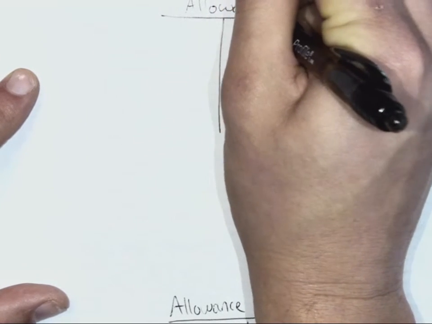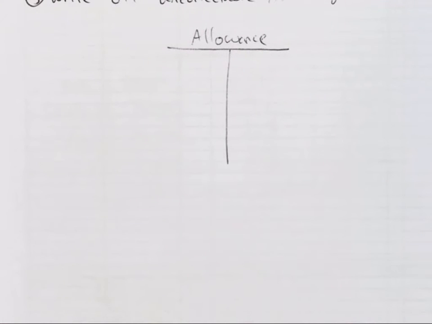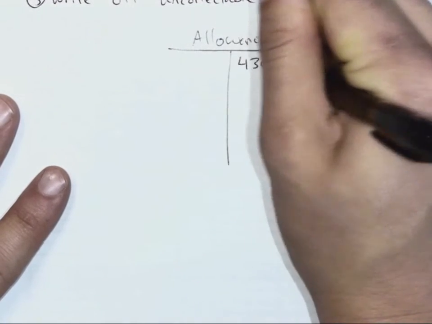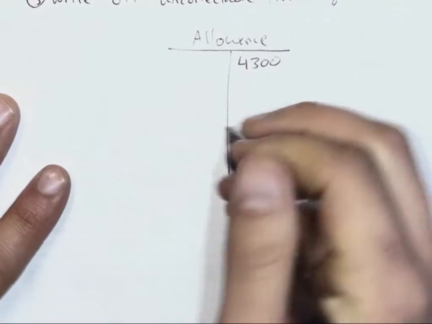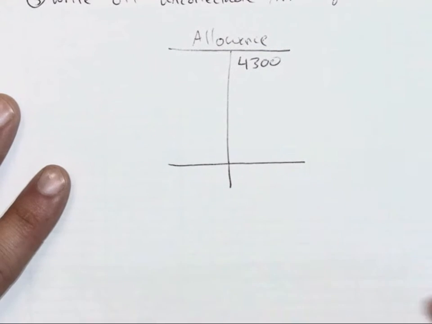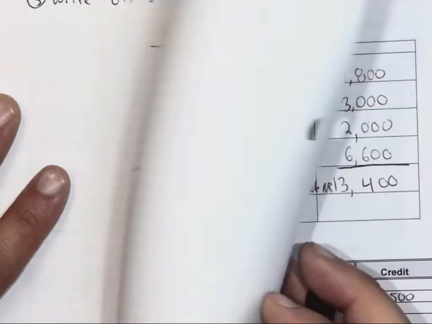So we have our allowance for doubtful accounts. What was the balance that we set the year before? 4,300. What is the new balance that we want to set?